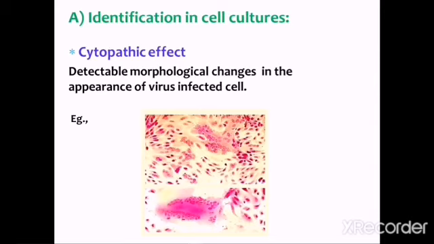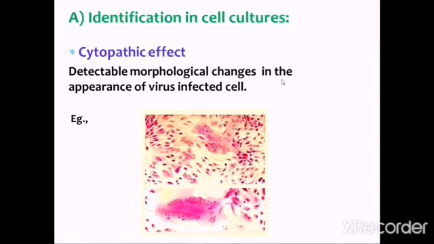There are various methods to identify viral growth in cell culture. The first one is to observe cytopathic effect, and this is defined as detectable morphological changes, such as change in size, shape, and fusion of cells to form multinucleated giant cells.